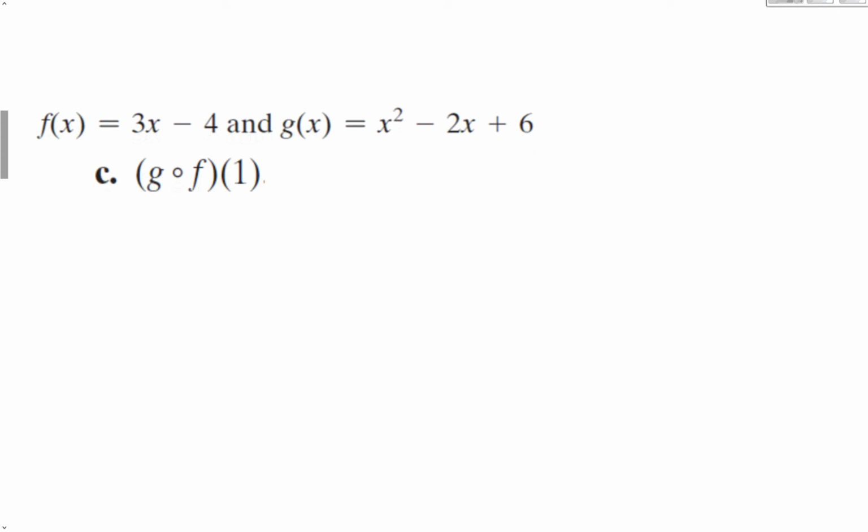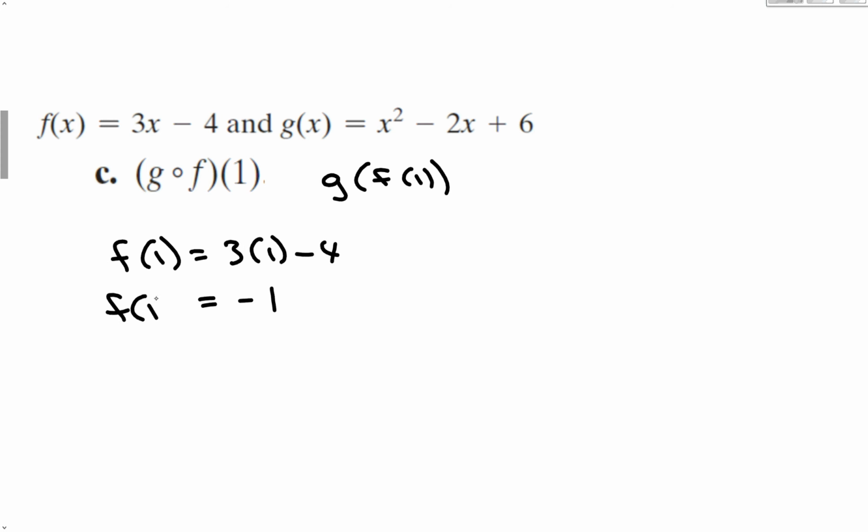Okay? So now g of f of 1. I want to find g of f of 1. Let's first find f of 1. That means I'm plugging 1 into the f function. 3 times 1 minus 4 gives me negative 1. So f of 1 is negative 1. Now, a little substitution means I now want to find g of negative 1, right?